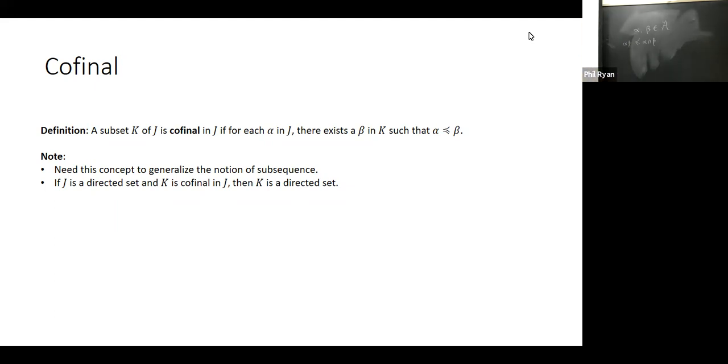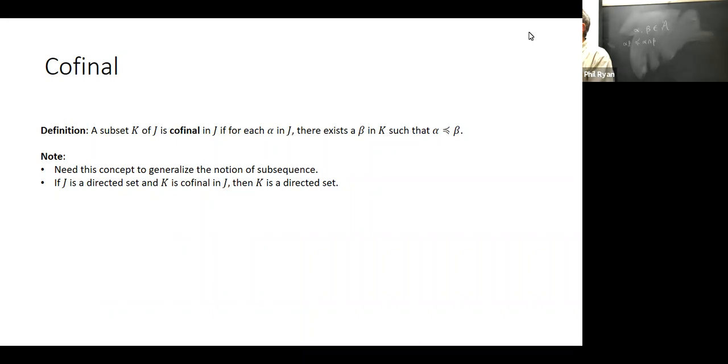So a subset of a directed set J is called cofinal if for each element in J there's an upper bound in the cofinal set. Okay. And if you think about it, this does kind of generalize the concept of a subsequence, right?